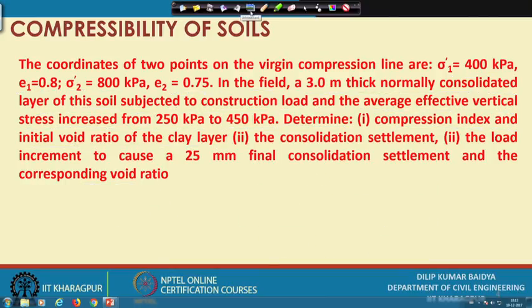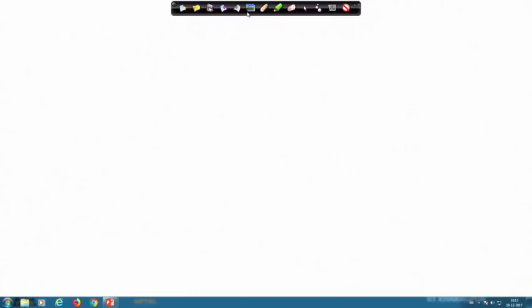Now, according to the given information, suppose on the e versus log p curve, this is sigma 1', suppose equal to 250, and this e value is 0.8, and 0.75 I think.